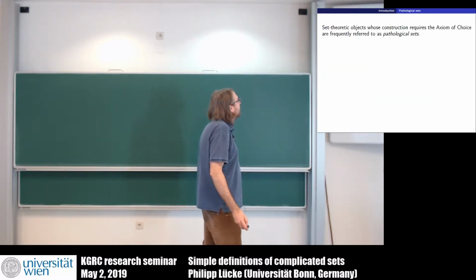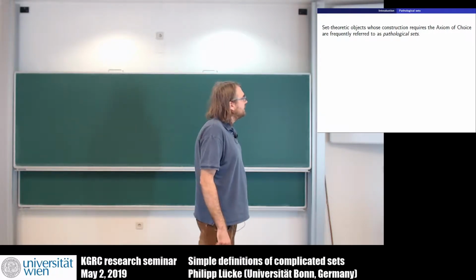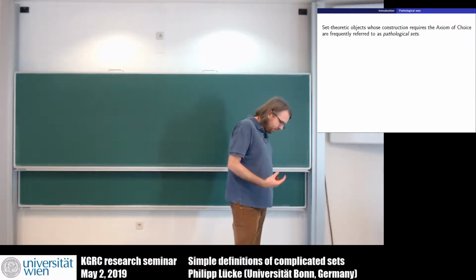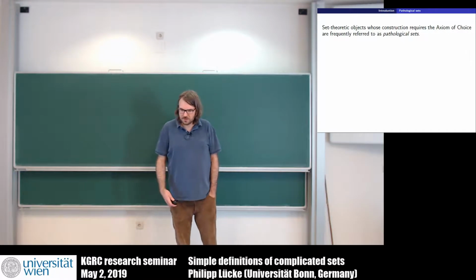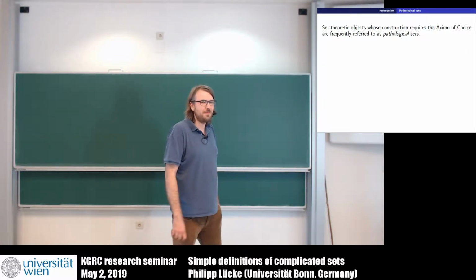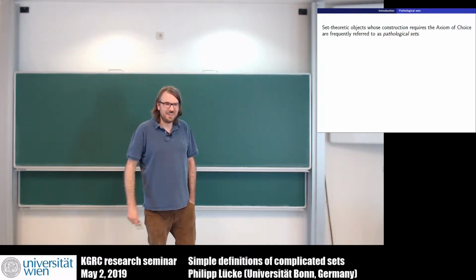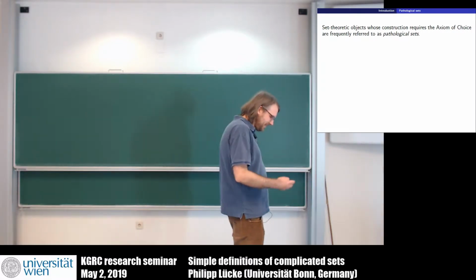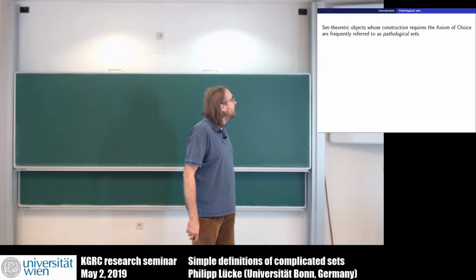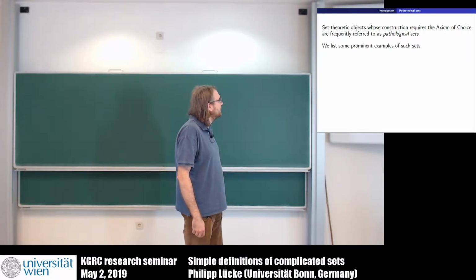Sometimes people call objects that can only be constructed using the axiom of choice pathological. I'm not really sure if I like this name, but I will use it just because I need some name for these objects. And let's see some examples.